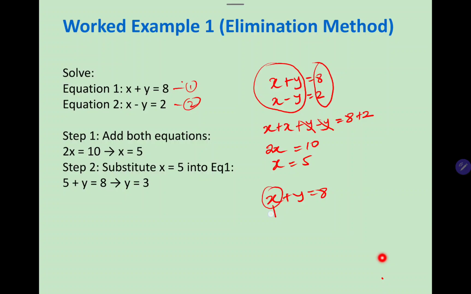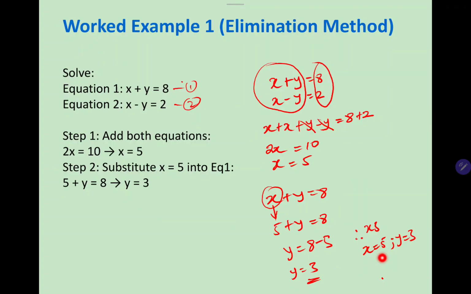So this will now be 5 plus y is equal to 8, and y will be equal to 8 minus 5, and y will be equal to 3. If you get this, you can check your answer. So we say, therefore, x is equal to 5 and y is equal to 3.